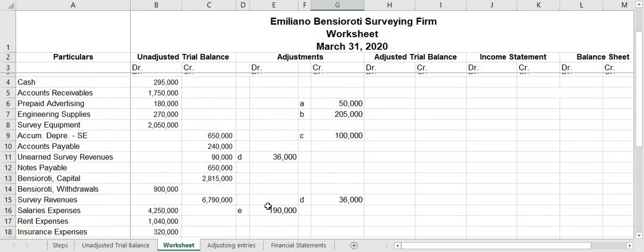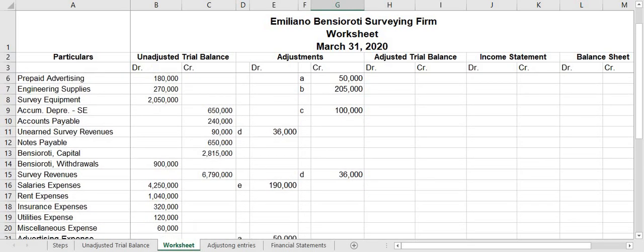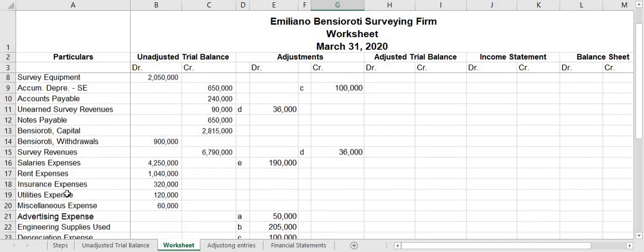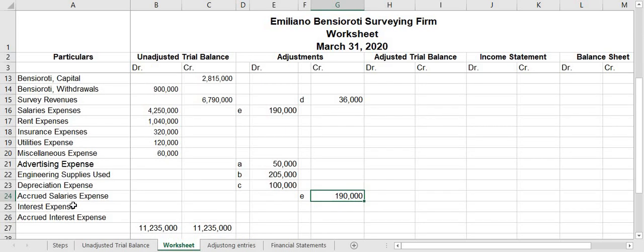So since wala tayong interest expense na account sa ating unadjusted trial balance, we have to add again another account which is interest expense sa ating particular columns. Ito, that's interest expense. Add natin siya. Okay? Since naka-debit si interest expense doon, kaya i-debit din natin siya sa ating adjustment column. Letter F for 78,000.